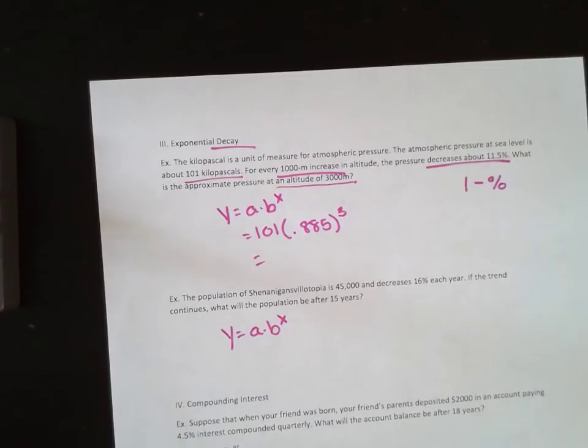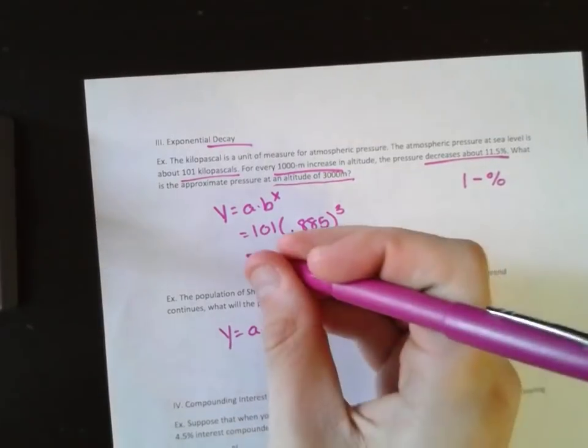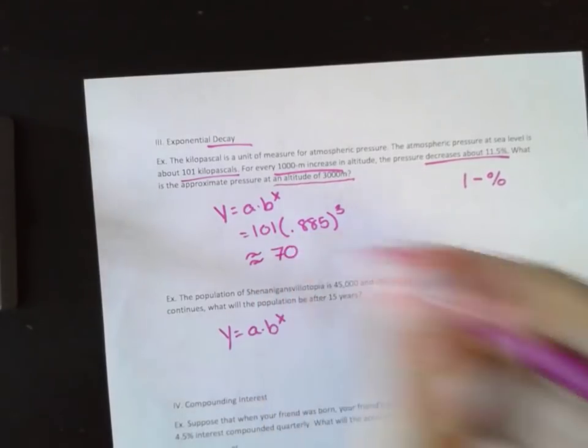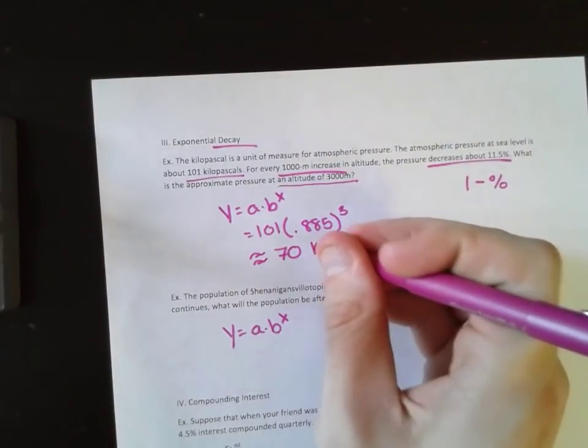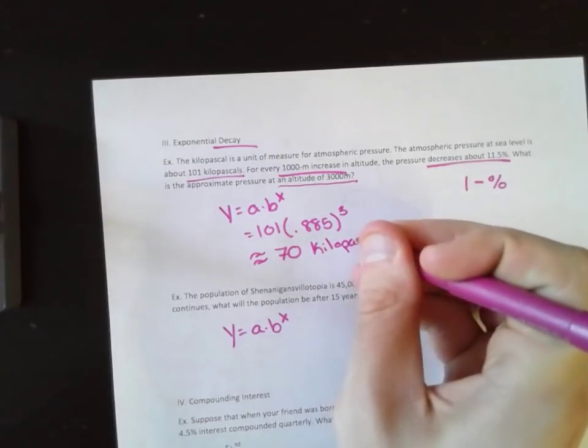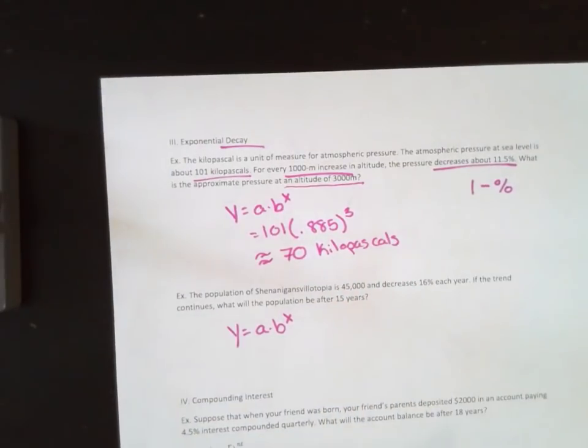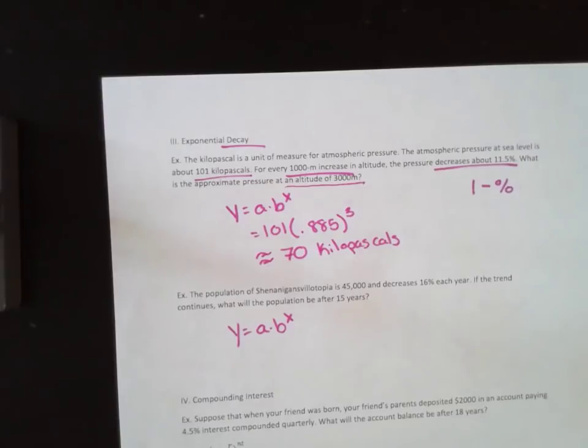So if I do 0.885 raised to the 3rd power, I am then going to get 0.69. I want to multiply that times 101, and I'm going to get approximately 70 kilopascals. Again, guys, same concept as growth, except now it's a decay.